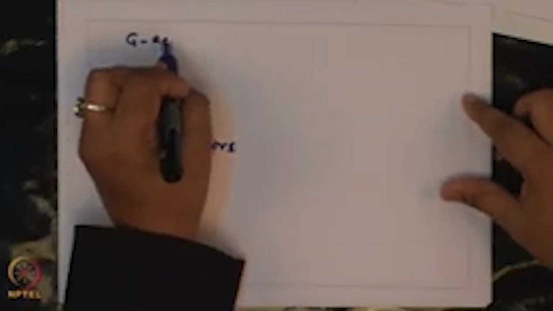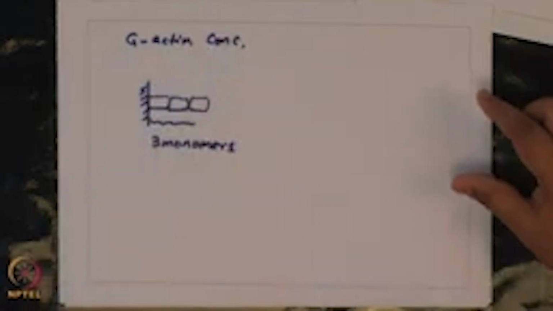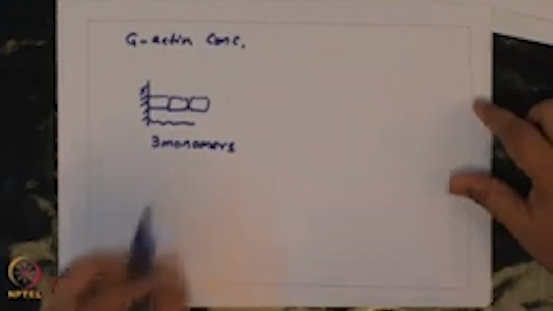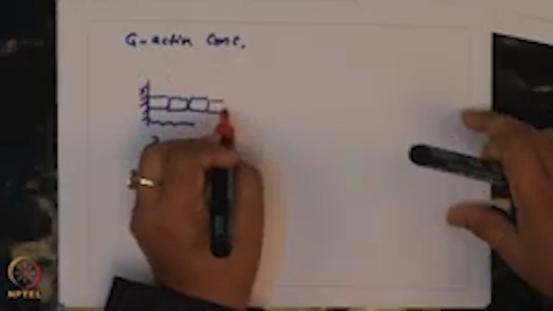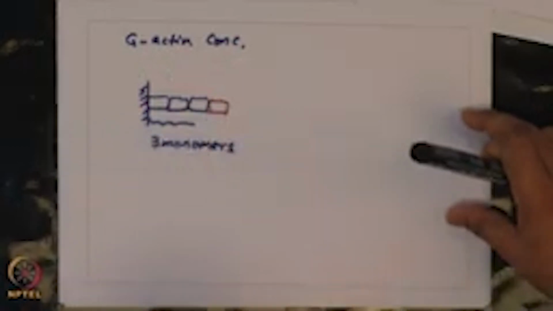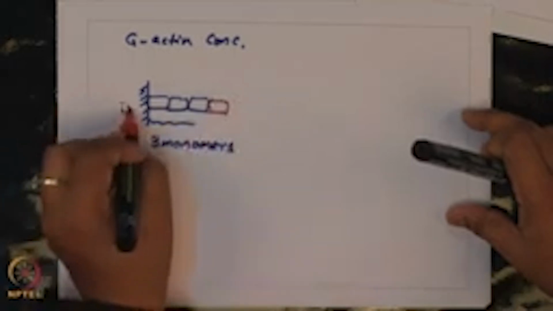You can prescribe a G actin concentration and then simulate. There are 3 possibilities of what can happen here. You can have growth of the filament. This filament can grow, this is one possibility.